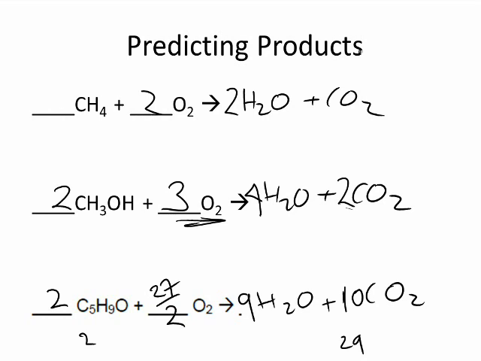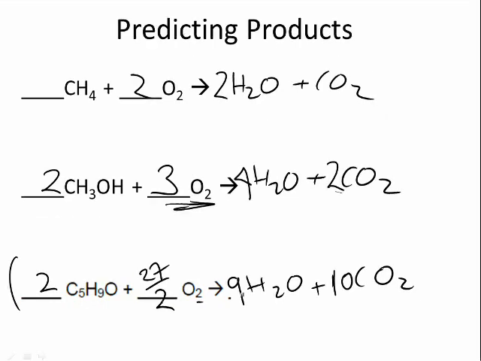Because that is actually balanced now. Might not seem it, but 27 over 2 multiplied by O2 is balanced, because the 2's basically will cancel out. But we can't just leave it like that. So what we do is we multiply everything through by 2, and we'll get rid of this little fraction.